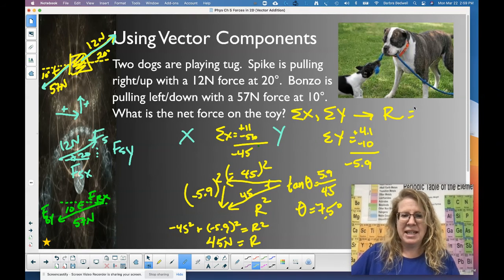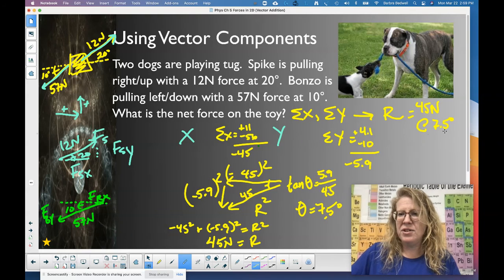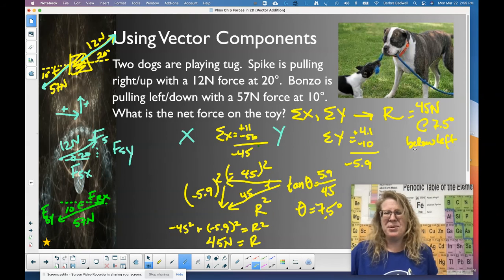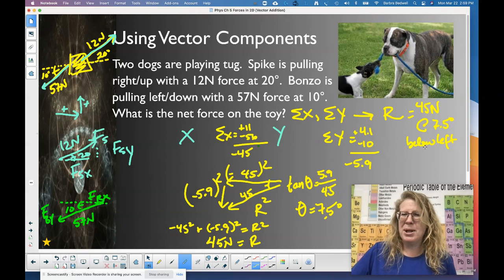Our resultant is equal to 45 newtons at 7.5 degrees below horizontal, to the left, right? So it's kind of down and to the left. Left, right, up, down is always hard to do. So below, down, and to the left.